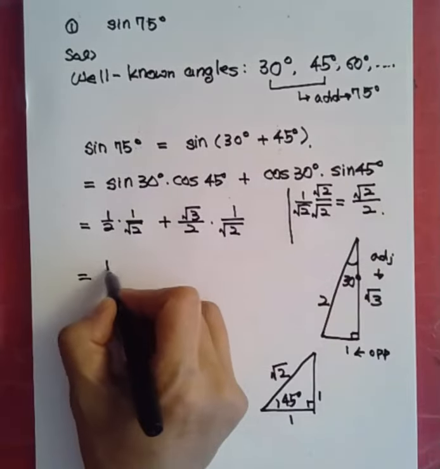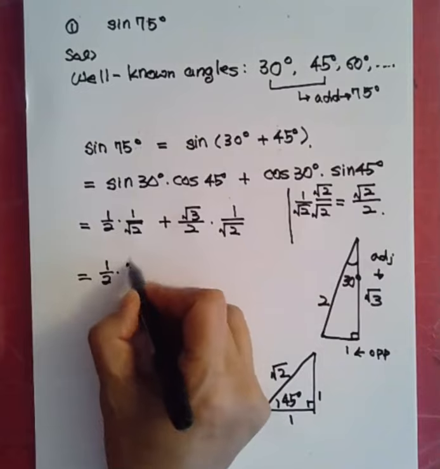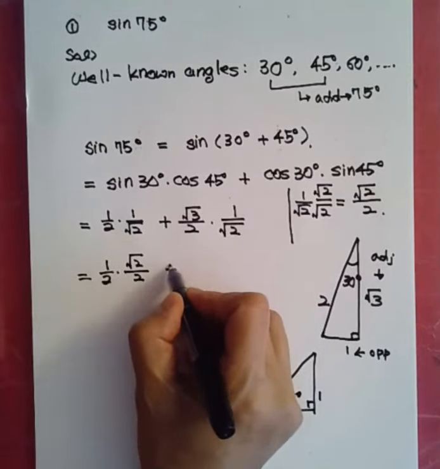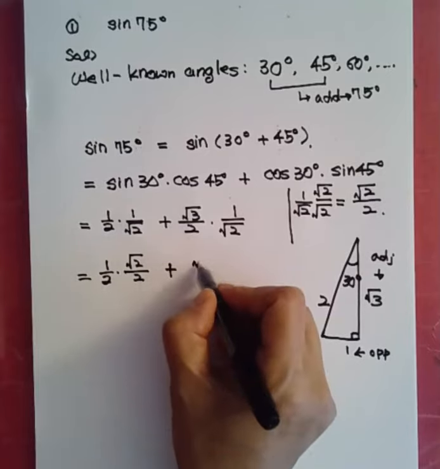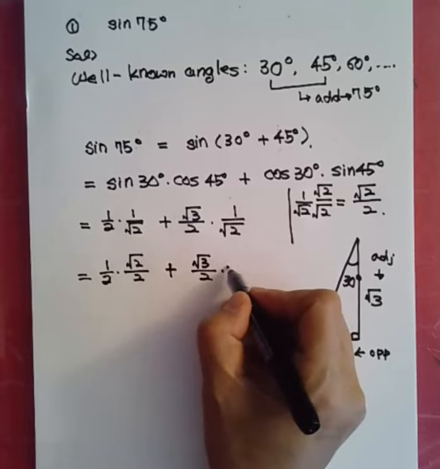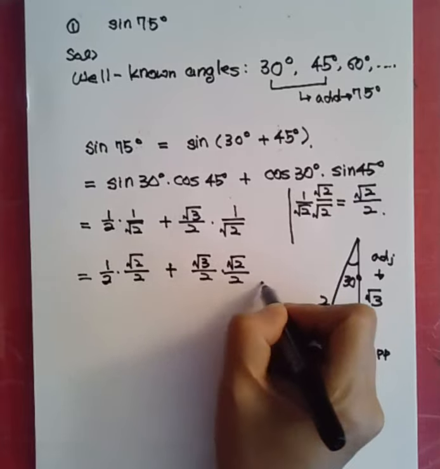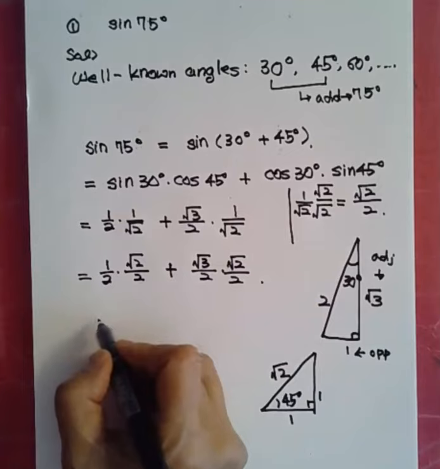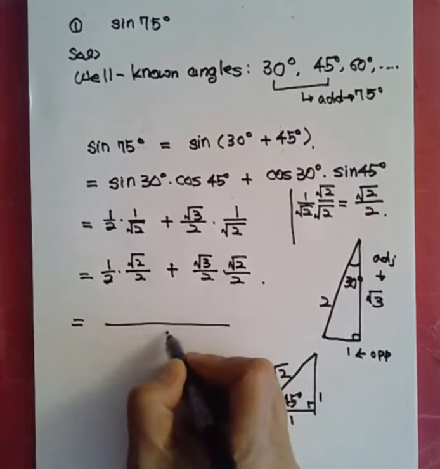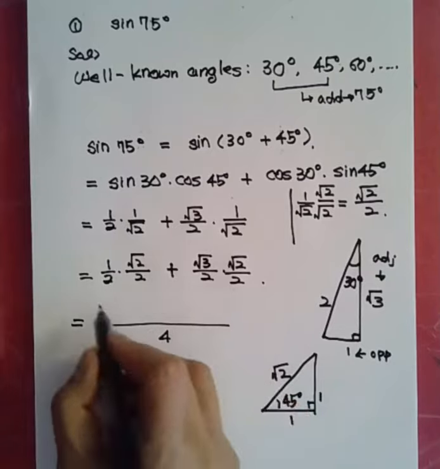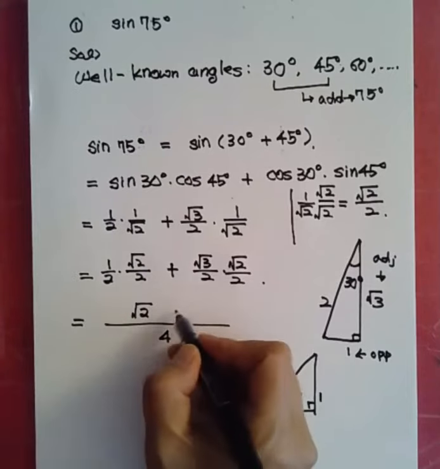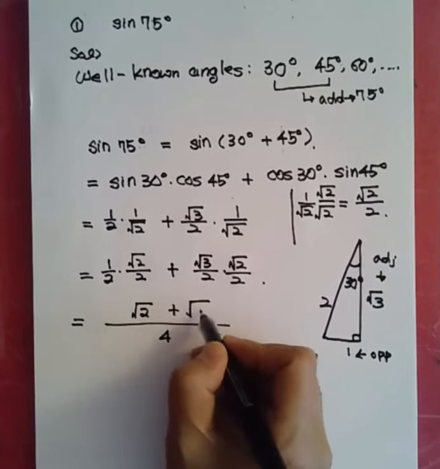So this becomes 1 over 2 times square root of 2 over 2 plus square root of 3 over 2 times square root of 2 over 2. So the final answer will be 4 in the denominator, and the numerator will be square root of 2 plus square root of 6.